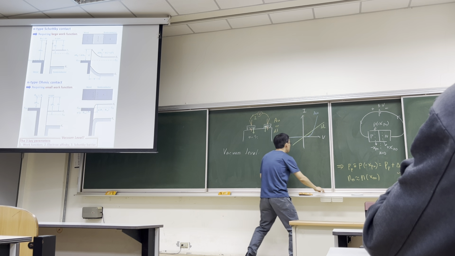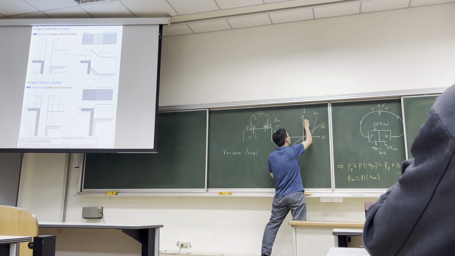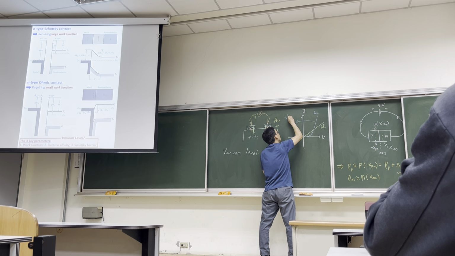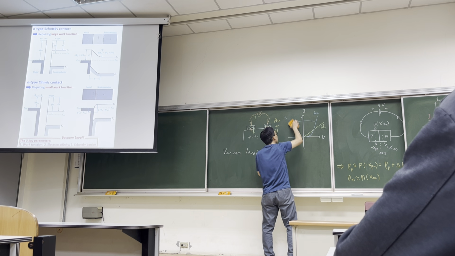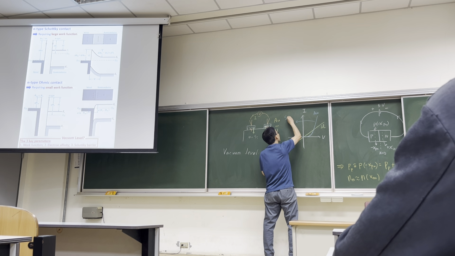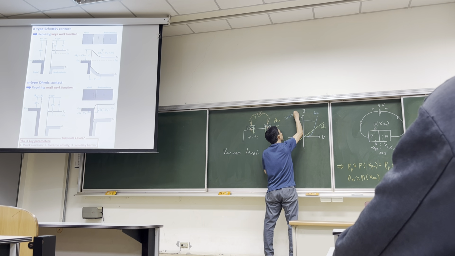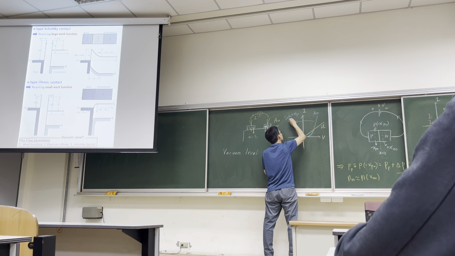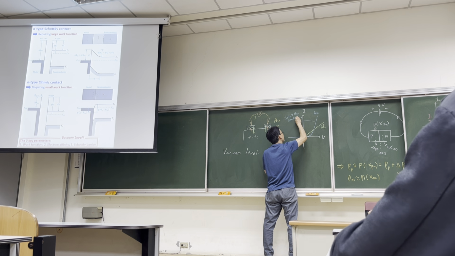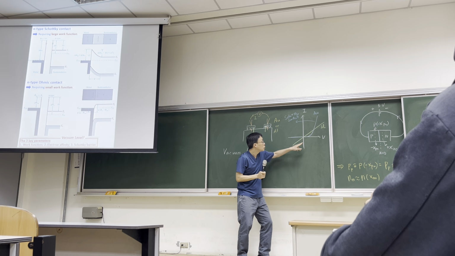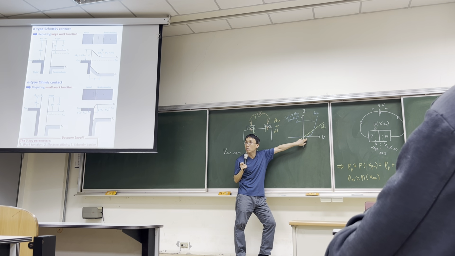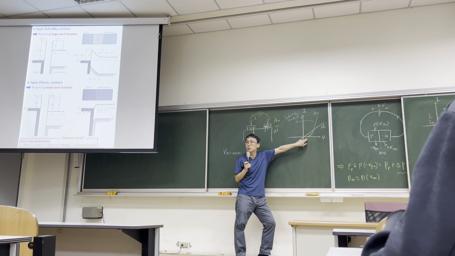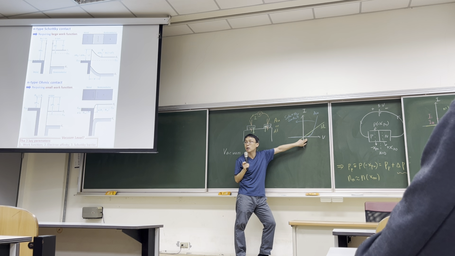Okay? So this blue line we call Schottky. Okay, so you see the current is almost zero when your bias is small, like the p-n junction, right?